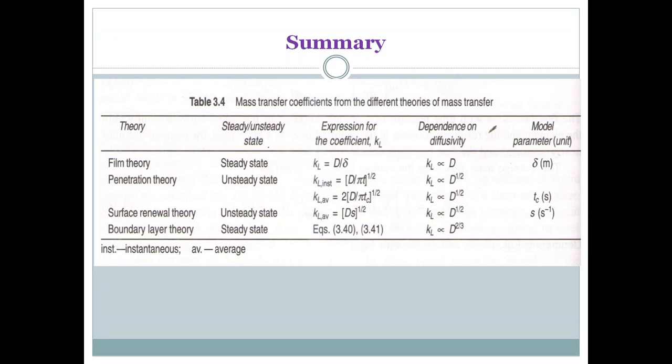However, these are important to make a qualitative sense of how KL, the mass transfer coefficient, varies with DAB or delta like this. It will help to develop the correlations. That's why these are the important things we discuss here.